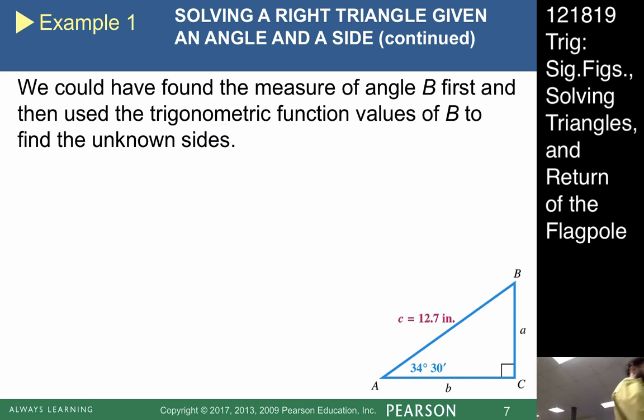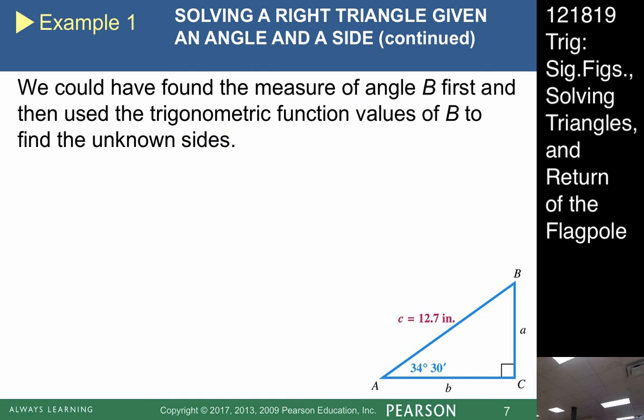Yeah, we could have put in whatever this was going to be, 60 degrees 30 minutes, and used the trig functions around 64 degrees 30 minutes, right? So we could have done the sine of 64 degrees 30 minutes equals B over 12.7, for example.